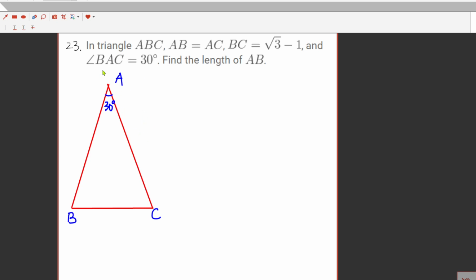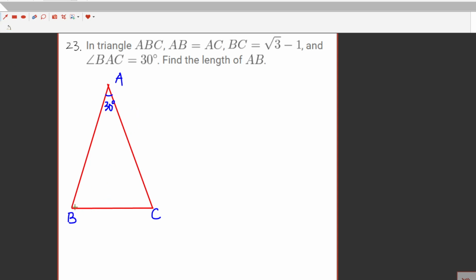Okay, so does it ring any bell? If you have 30 degrees, how do you use that? Usually when you have a right triangle, you can use 30 degrees, right? So if you have no obvious tools to use to find the length, you can try introducing the 30, 60, and 90 triangle by drawing the altitude from B to AC, right?